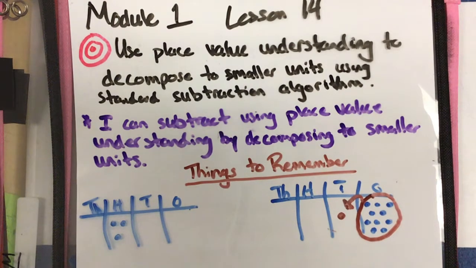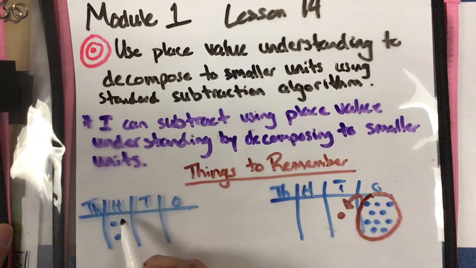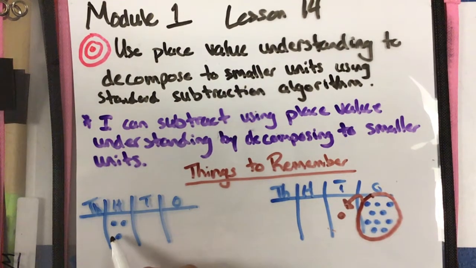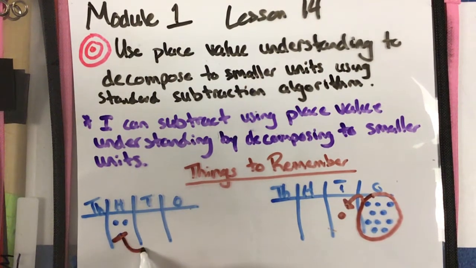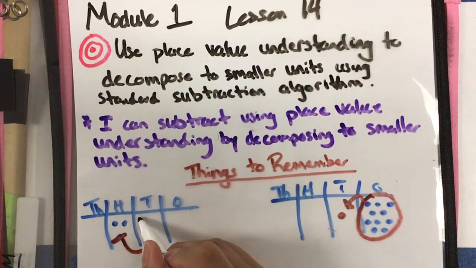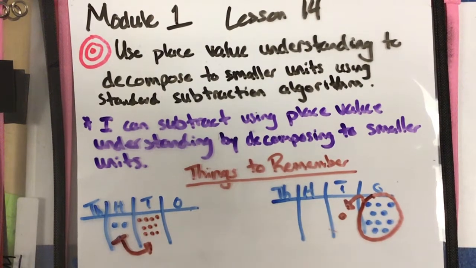Now, when we're talking about decomposing, we're going to break something down. So instead of going from the right side to the left, we're going to go from the left side to the right. And it looks like this. If we have 300s right here, and I want to see how many tens I can take, I can decompose this 100, and in turn, that would turn into 10 tens. 7, 8, 9, 10.